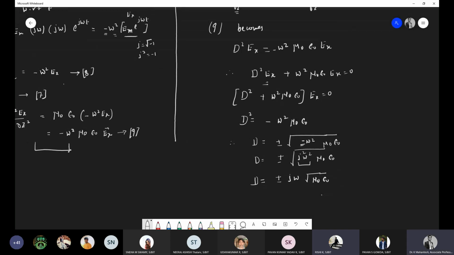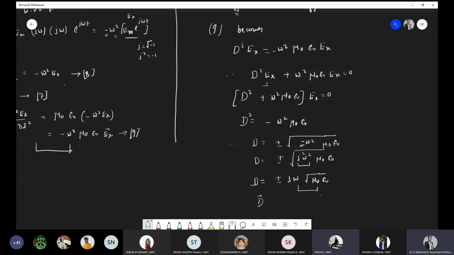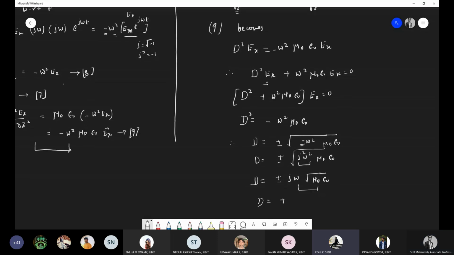But you could see the phase shift constant can be represented as omega square root of mu naught epsilon naught. Therefore, D is equal to, sorry, this is not a vector, it's a constant, D is equal to plus or minus j beta. So what is this beta?